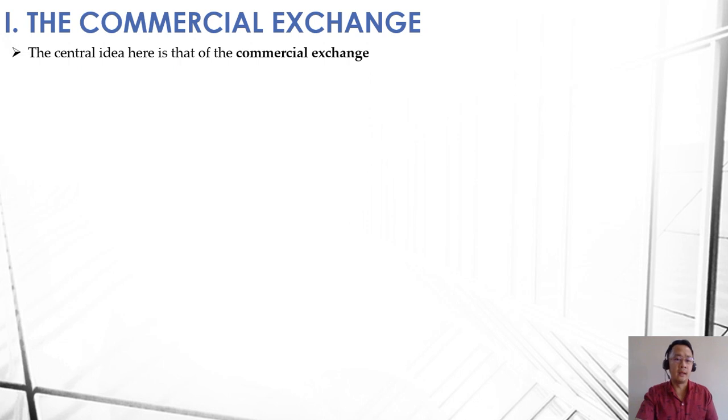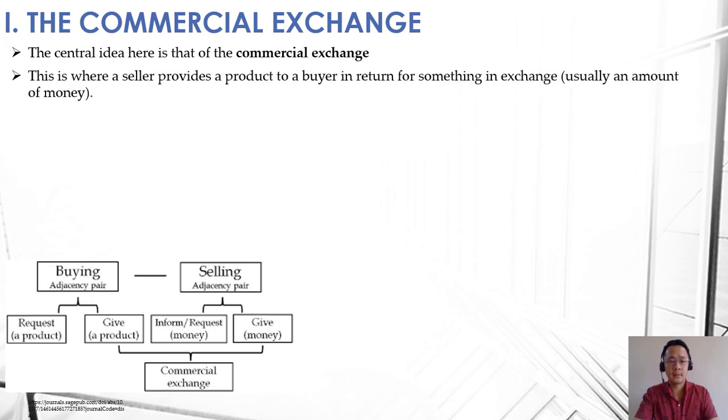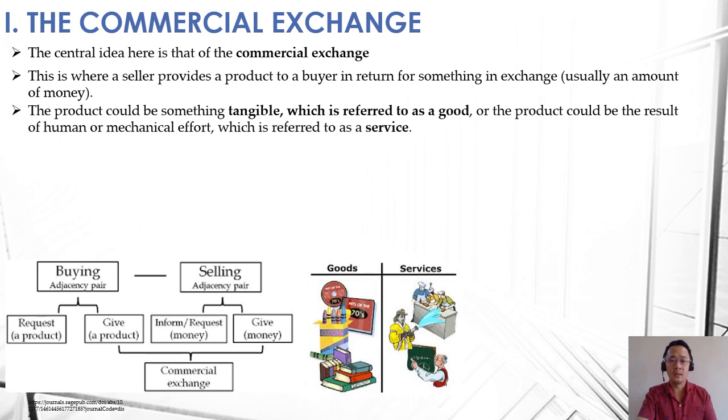The central idea here is the commercial exchange. This is where a seller provides a product to a buyer in return for something in exchange, usually an amount of money. The product could be something tangible, which is referred to as a good, or the product could be the result of human or mechanical effort, which is referred to as a service.